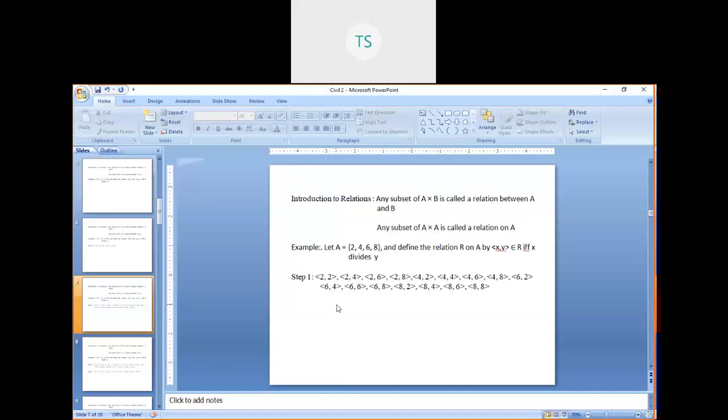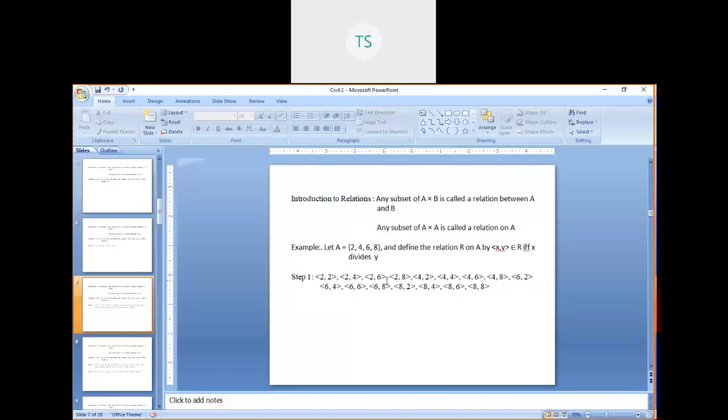Now, this step is important. The first step, the ordered pairs and the Cartesian product, we have already done in our previous class. Now you have to choose those ordered pairs which satisfy: if and only if x divides y. Here you have written all the ordered pairs.